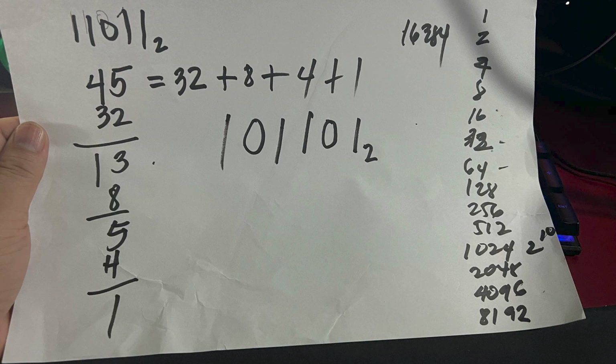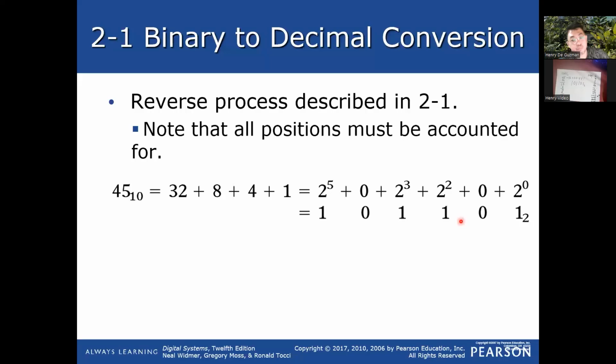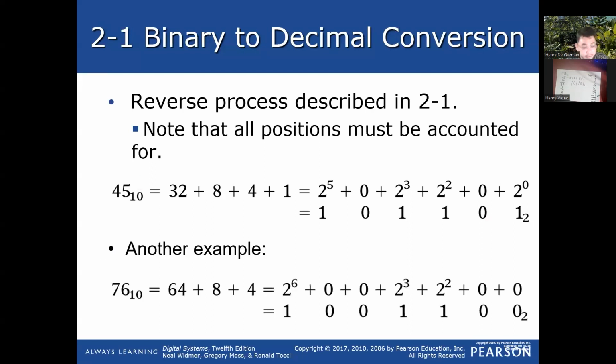Okay. So I'll share my screen again. There. So are we correct? The output is 101101 base 2, so we are correct. So let's have another example, a bit bigger: 76. So that's 64. So 76 minus 64 is 12.